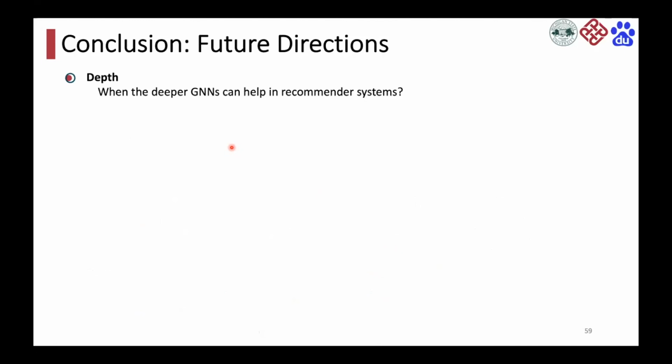Most existing GNN-based recommender systems achieve their best performance with a few layers because of the over-smoothing issue. So we still need to understand when a deeper GNN can benefit the performance of recommender systems.